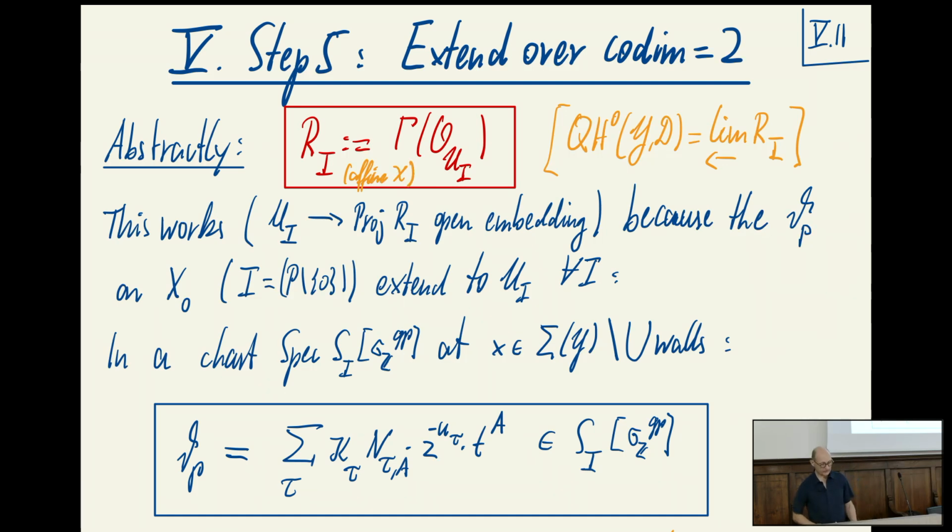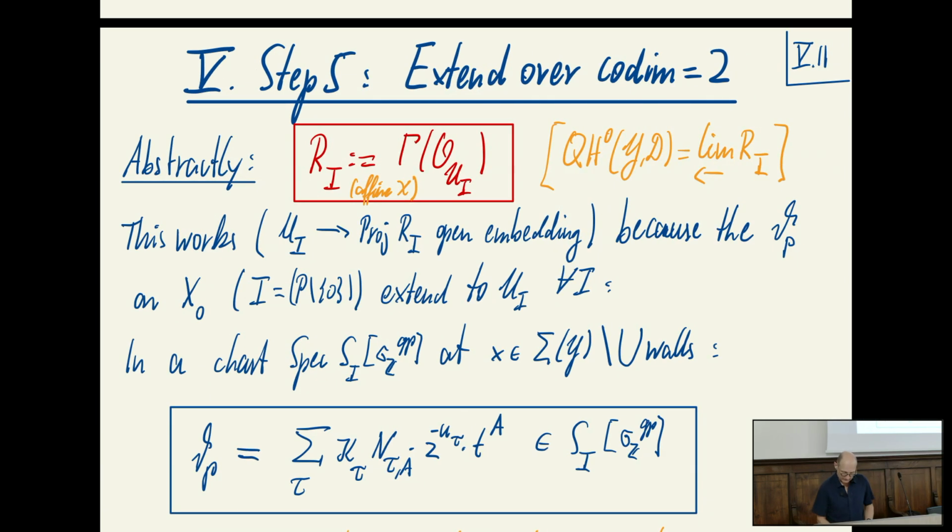For affine X, you're just interested in the ring of global functions, and you remove something of codimension 2, and the whole thing that you will cook up fulfills Serre's condition S2. So it will be the same to take just the ring of global functions, okay? And that is the ring you want. And then this relative quantum cohomology ring, degree 0, will be the limit of these rings when you take the limit over all these co-Artinian ideals I.